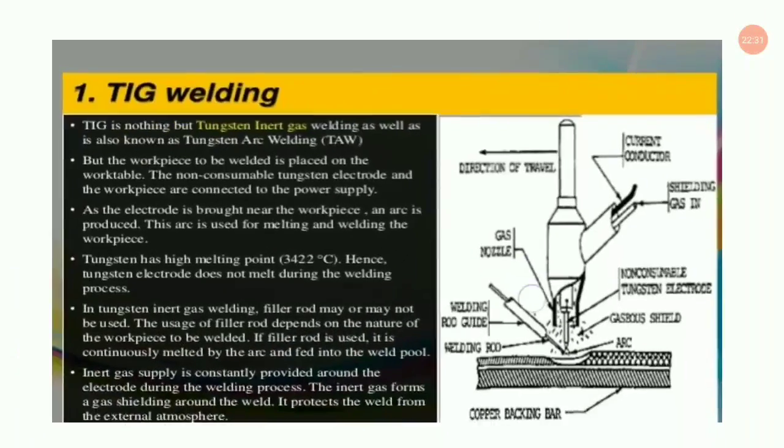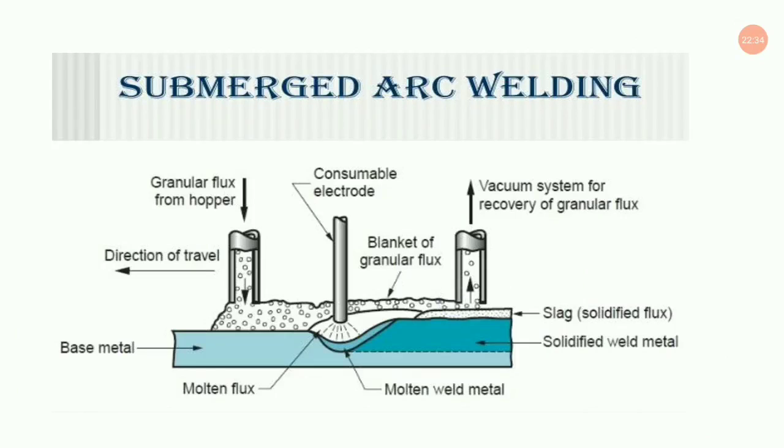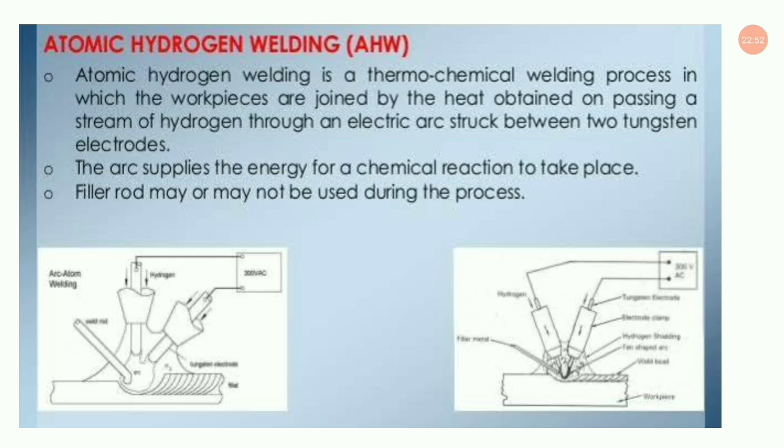Next is submerged arc welding. This is also widely used, where we have a hopper from which a continuous feed of granular flux is fed during the welding process. This is also a versatile welding process, and we'll discuss it in our later classes.